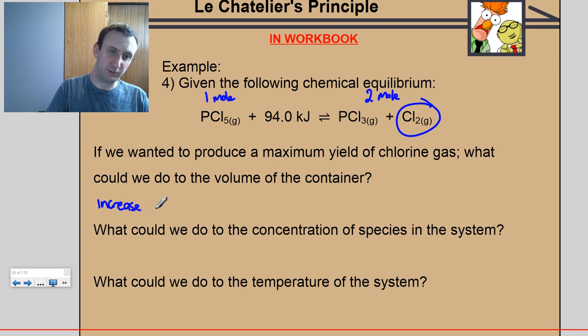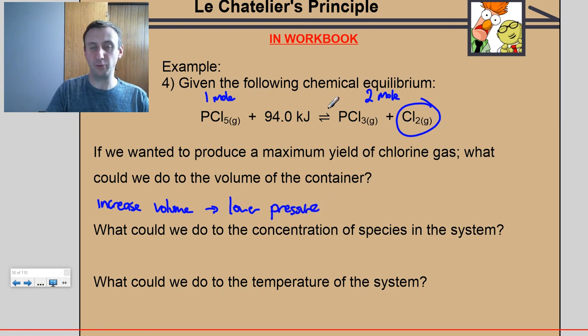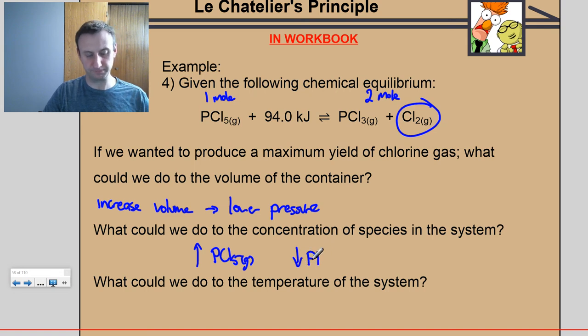Okay, so if I increase volume, I lower pressure, which causes it to shift to the right to bring pressure back up. What could we do to the concentration of species in the system? Well, I can up PCl5, because that will result in a right shift. I can lower PCl3.